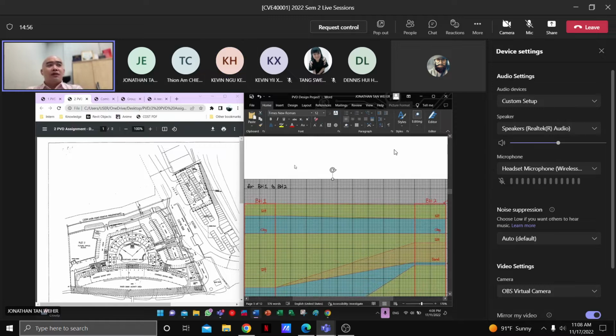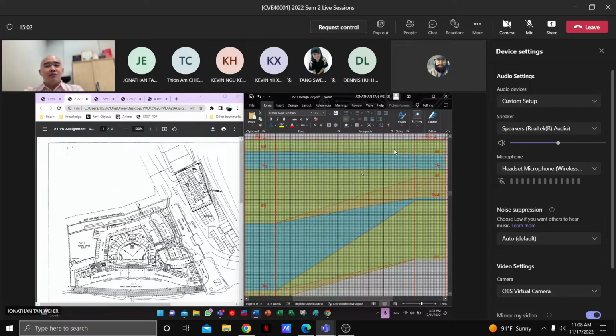So you're designing for ground improvement and improvement of soft soils which will consolidate, right? From this soil profile, where are the soft soils? Here. Are you sure? You say clay, it could be hard clay, it could be stiff clay. It doesn't mean soft clay.